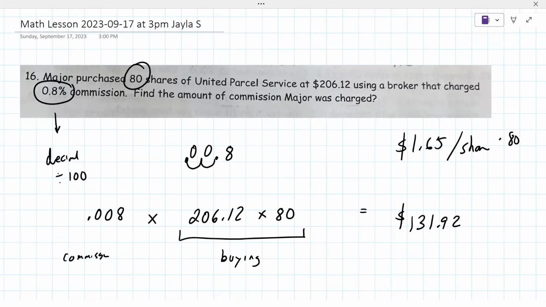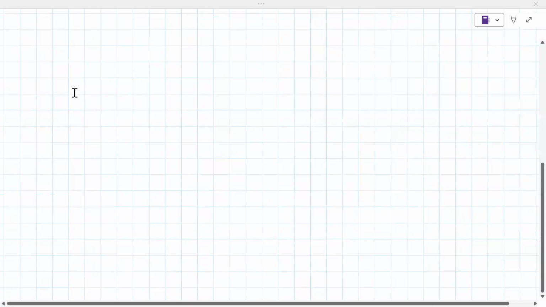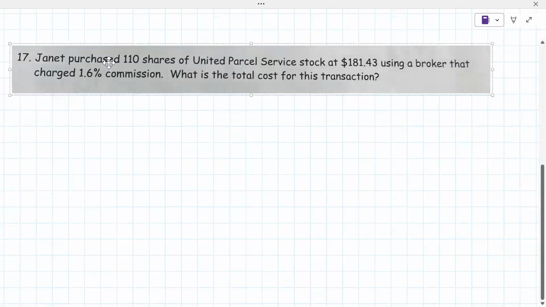Give me 1 second. The 17 is really similar, with different numbers. So Janet purchased 110 shares of stock. This really should say per share.